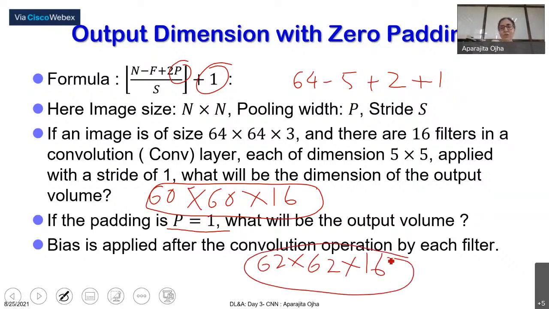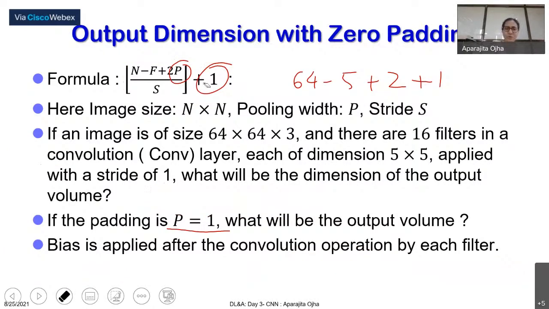But what if you wish to have the same output? Suppose you want the input dimension and the output dimension in the spatial dimension to be the same.